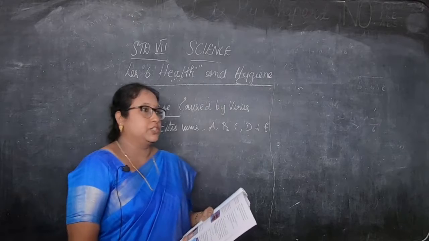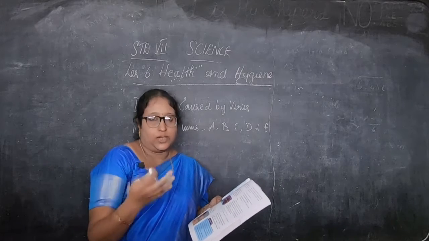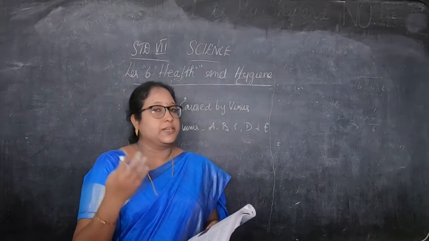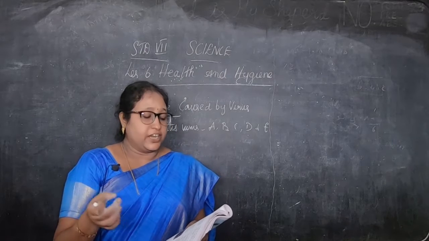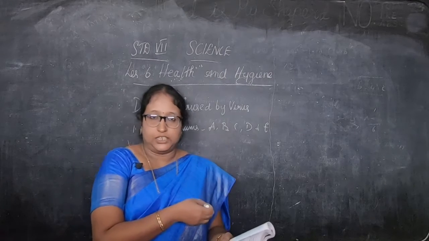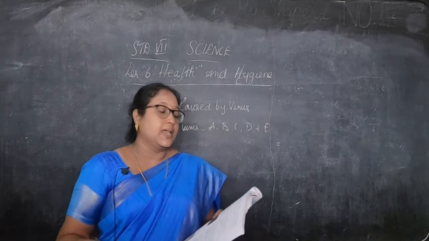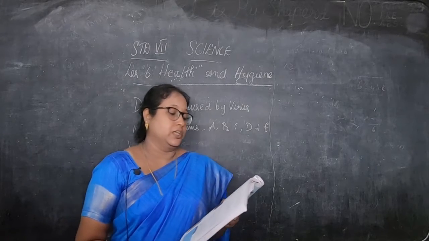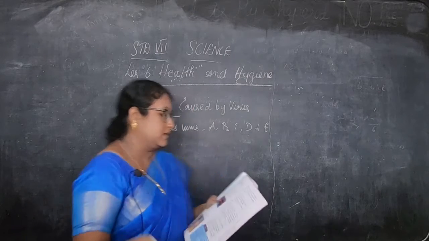Its mode of transmission is from one person to another. It is transmitted through contaminated water, sharing of needles, that is the injection needles, and blood transfusion, that is when we are giving blood. So what are the modes of transmission?